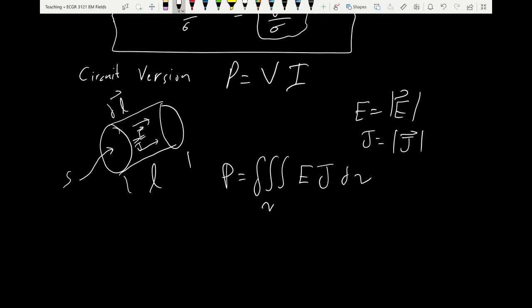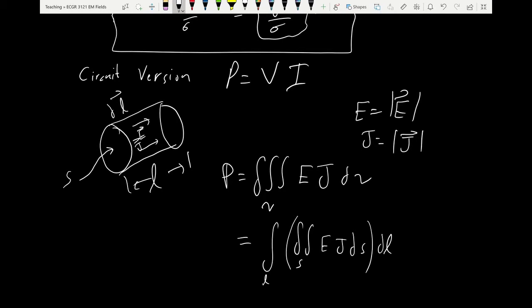Okay. Now the key concept here is that I can divide this volume integral into two integrals. I can divide it into a surface integral over this surface S, and then a line integral over L. So I can divide it into this double integral EJ dS, and then I take this whole thing and do a line integral over dl.